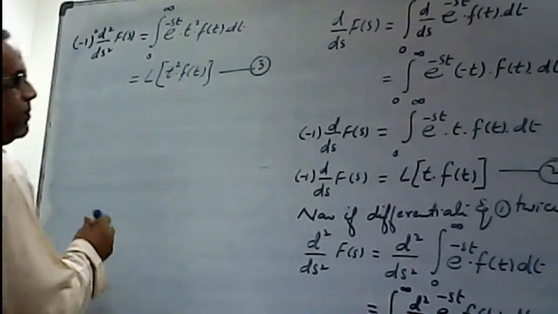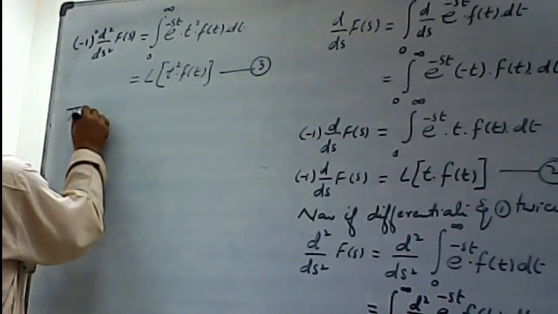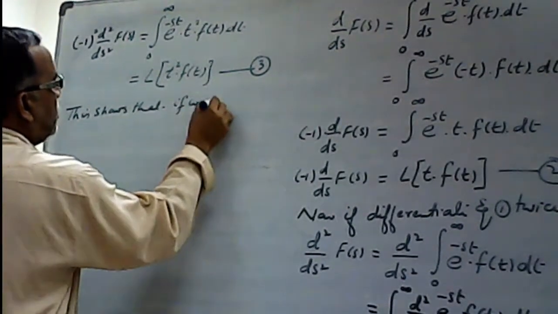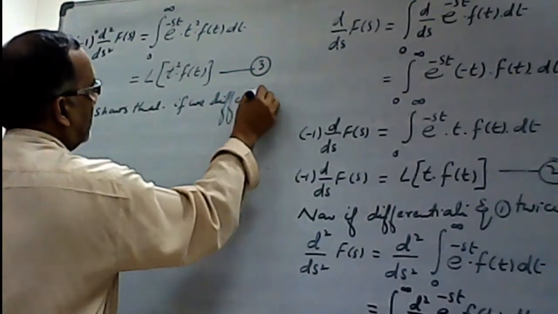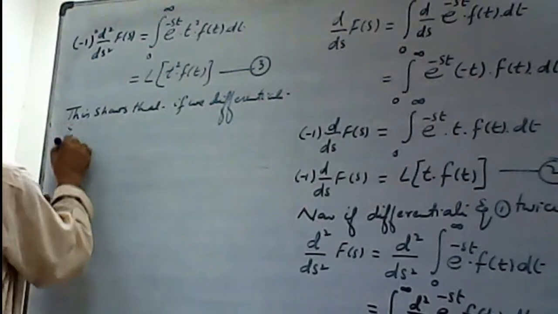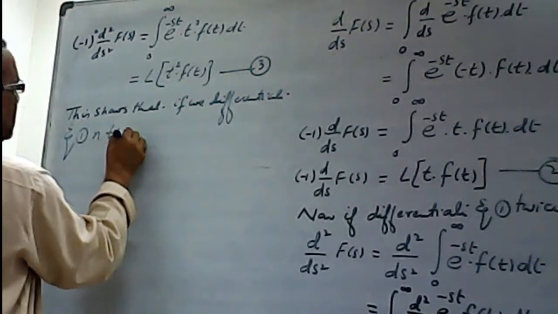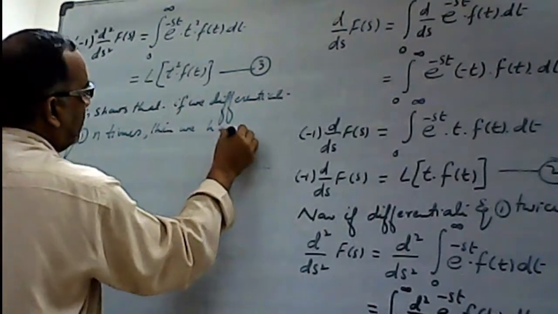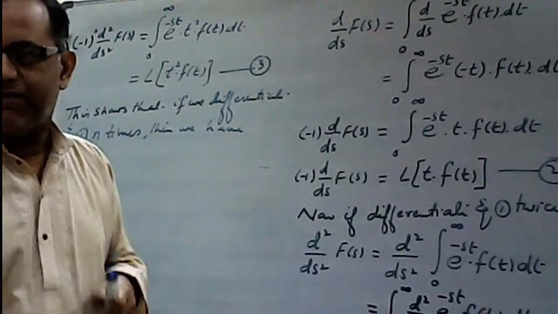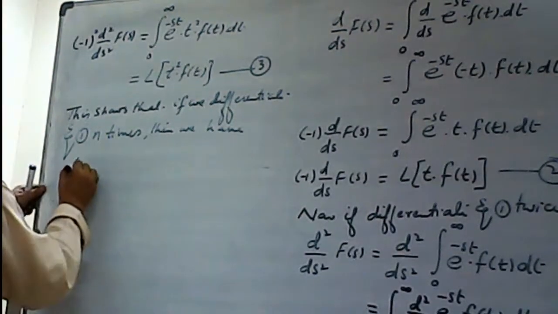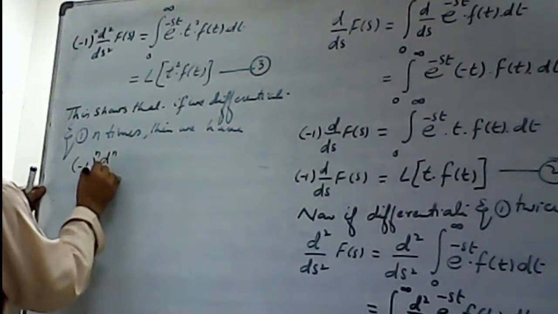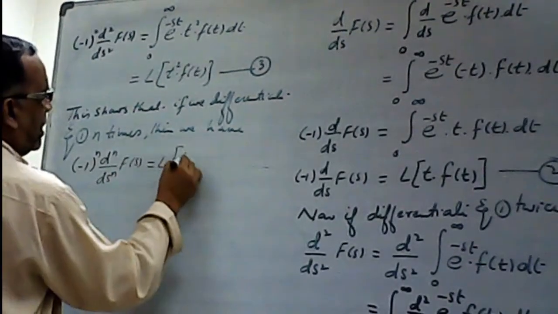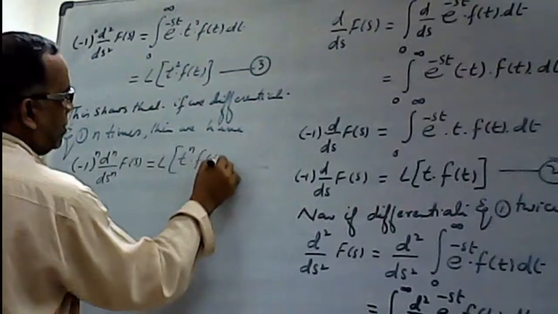So this shows that if we differentiate equation 1 n times, then we have minus 1 power n, d^n upon ds^n of function of s, which will be equal to Laplace of t power n into f of t.